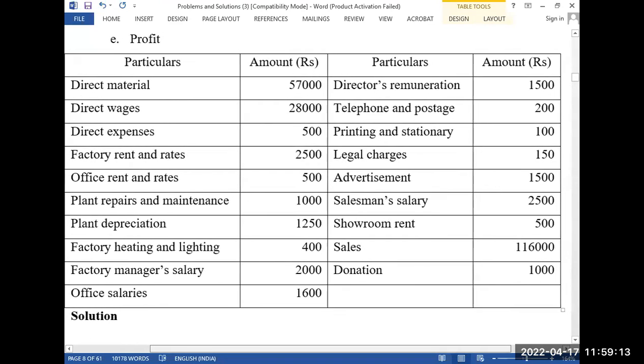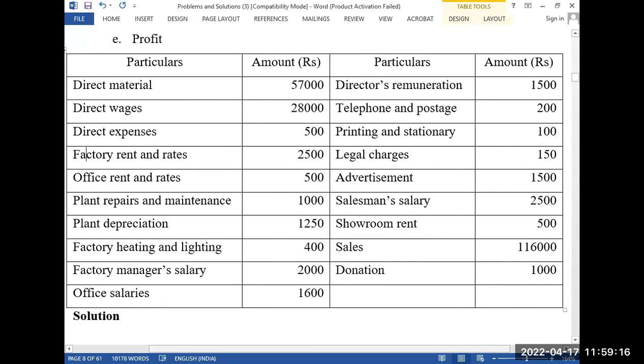Can you do this? We can take some 5 minutes. Quickly, you can do it. Prepare a cost sheet. Take a table, cost sheet for the month of January. If the company name is there, write the company name.